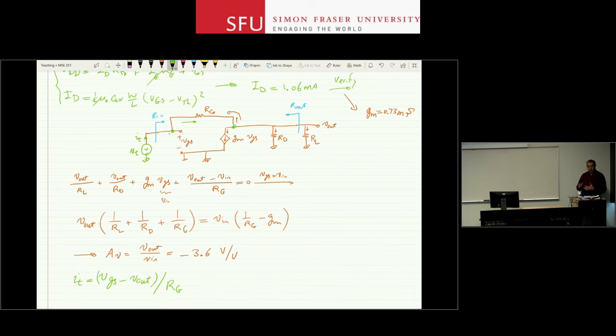And because I already know V out is AV times VGS, and VGS is VT, and this is AV VT, I can quickly solve that. And after you do the math, you have a value for IT. R in is going to be VT over IT, or let me just call it X, because I don't want to bring another thing that has T in it so it doesn't get mixed up with thermal voltage or threshold voltage.